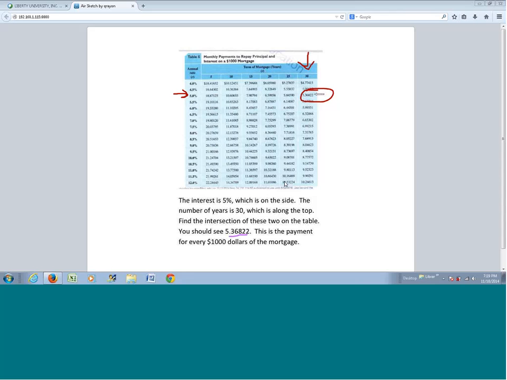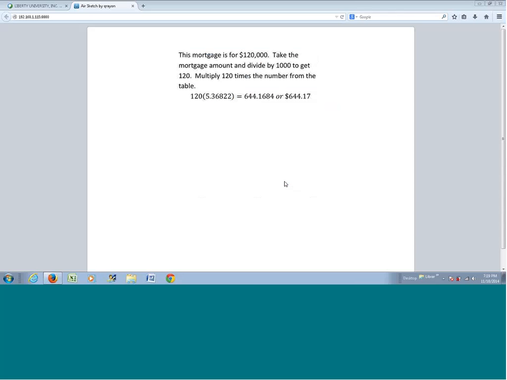Now, of course, you're not going to have a $1,000 mortgage, but they're saying for every $1,000. So how many $1,000 do we have? Well, you take 120,000 divided by 1,000, and it gives you 120. So what we're going to do is take 120 times the number from the table. Notice again, I wrote the entire number.